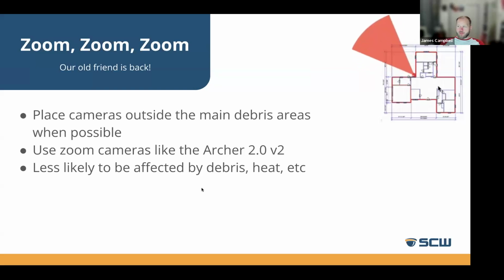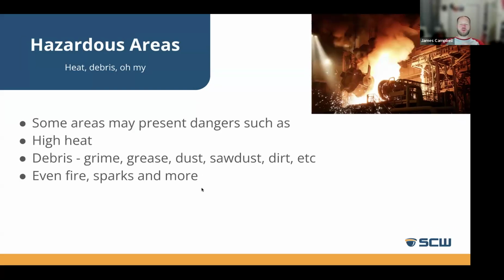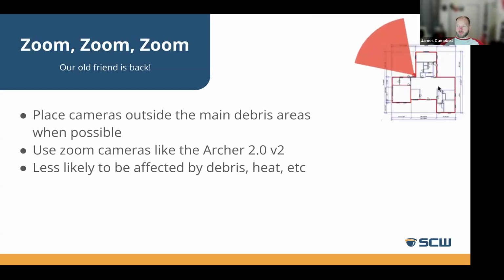So how do you avoid that? Obviously, getting grease and grime on the camera is going to affect the image quality. It's going to build up on the lens and things are going to be less clear. So how do you actually avoid that? Well, let's go back to what we just talked about, which was the optical zoom.